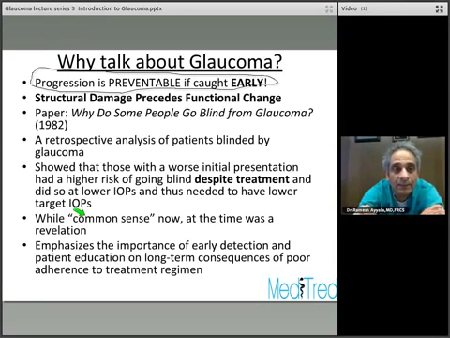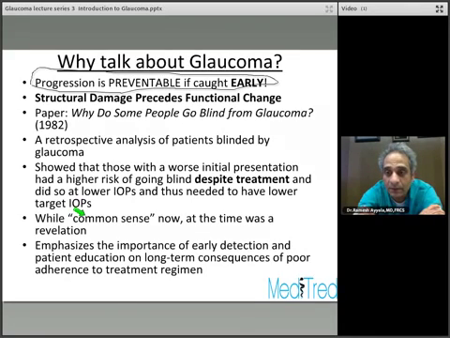So remember one thing, progression of glaucoma is preventable if it's caught early. Multiple studies have shown this, but the first one that I like to quote in this regard is the classic paper written by Martin Grant in 1982, wherein the paper addresses why do some people go blind from glaucoma. It's a retrospective analysis of patients blinded by glaucoma.